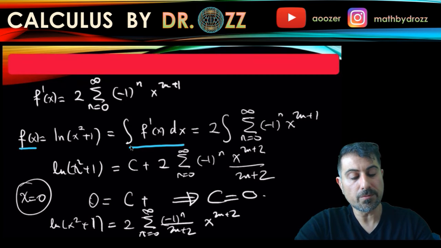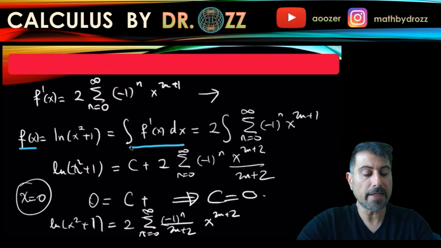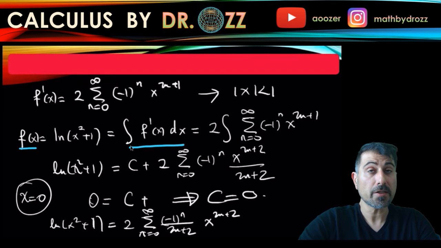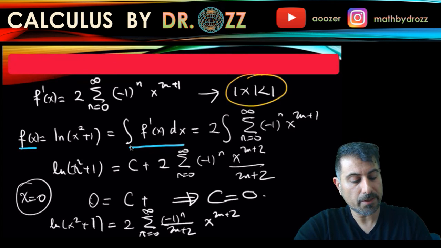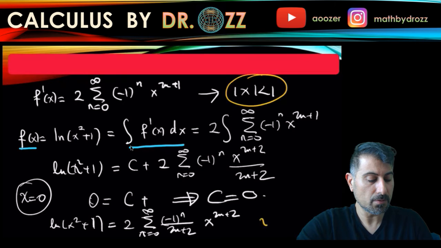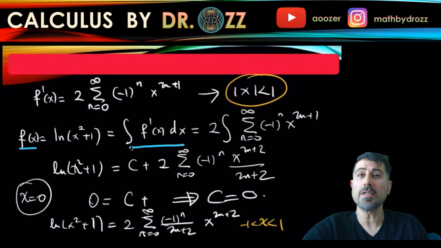We already know from here that the absolute value of x is supposed to be less than 1. So what you need to check is that this carries forward here, so that I have negative 1, x, and 1 for the interval of convergence.